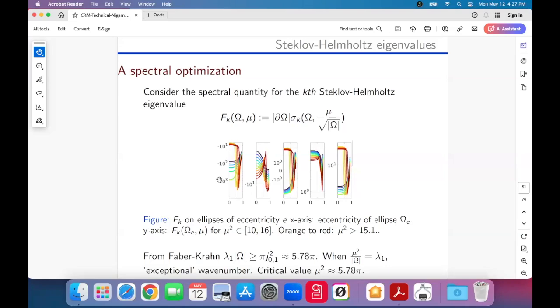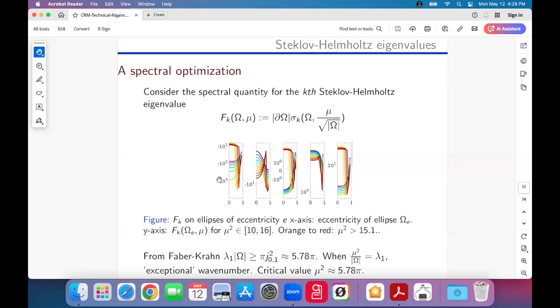This is not the only such quantity you could come up with. We've come up with some others. I don't know what physical interpretation to put to this. It was just some object we thought to play around with. So I should think of it as the scaled thickness of sigma k? That's correct.